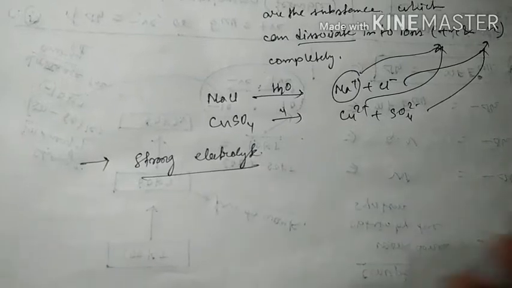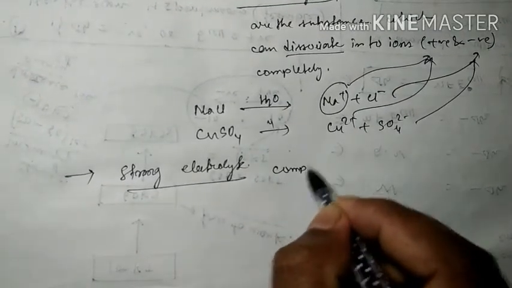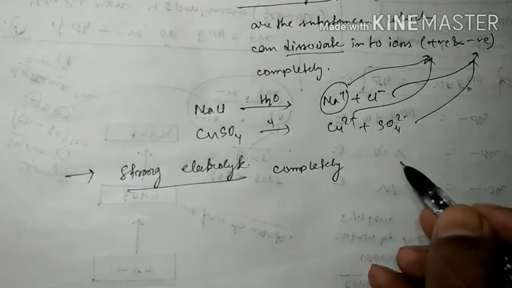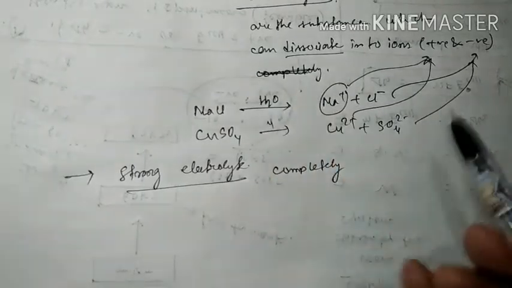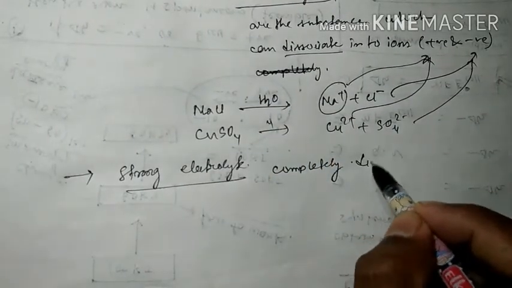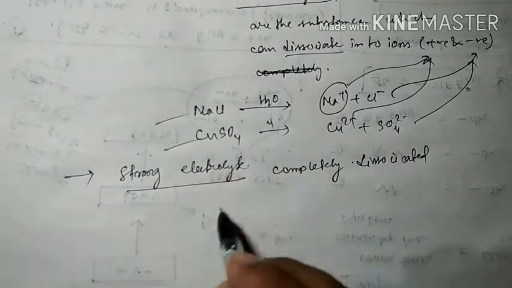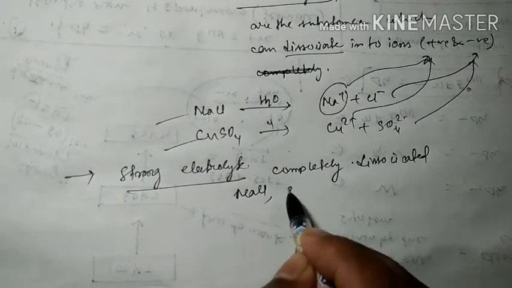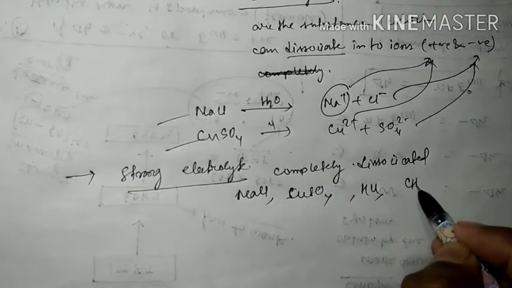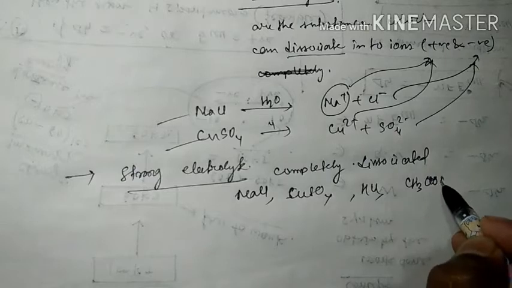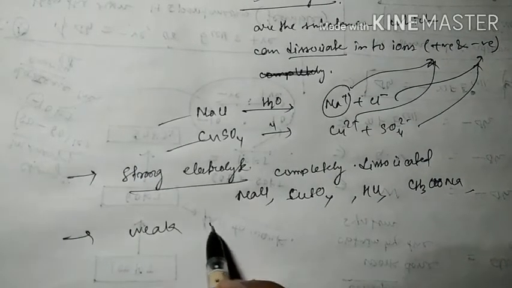Strong electrolyte means completely dissociated, such as NaCl, copper sulfate, sodium acetate.